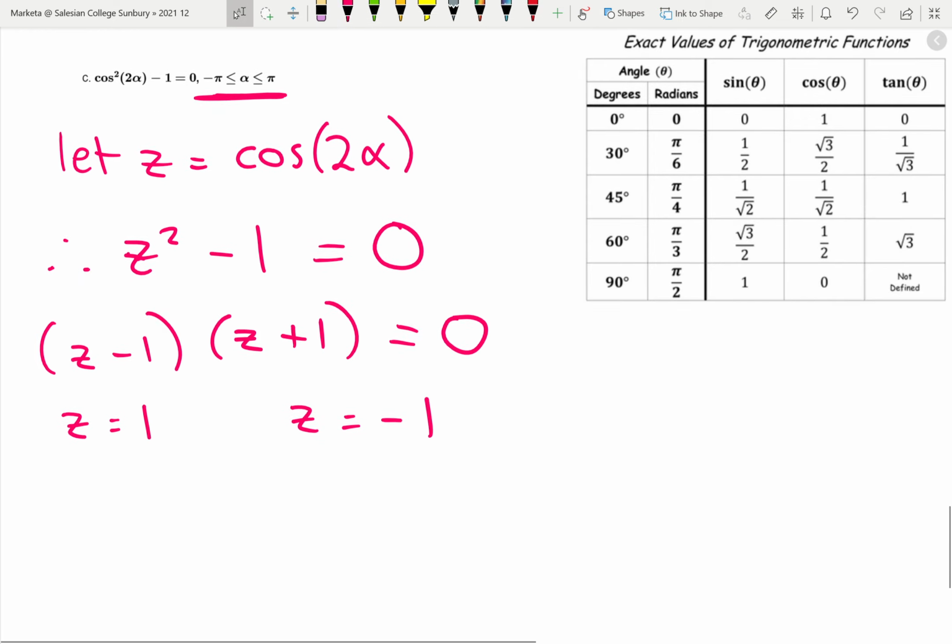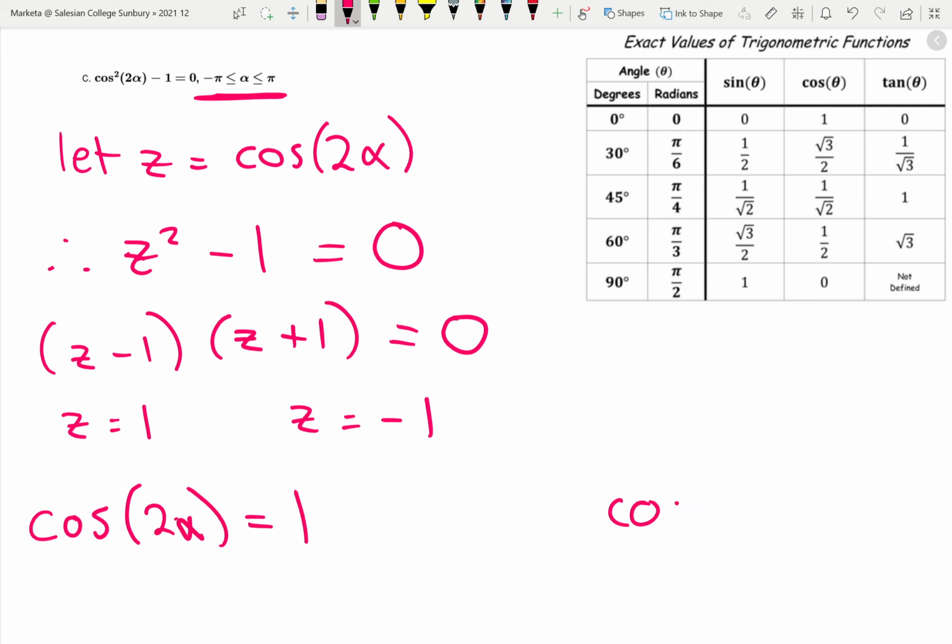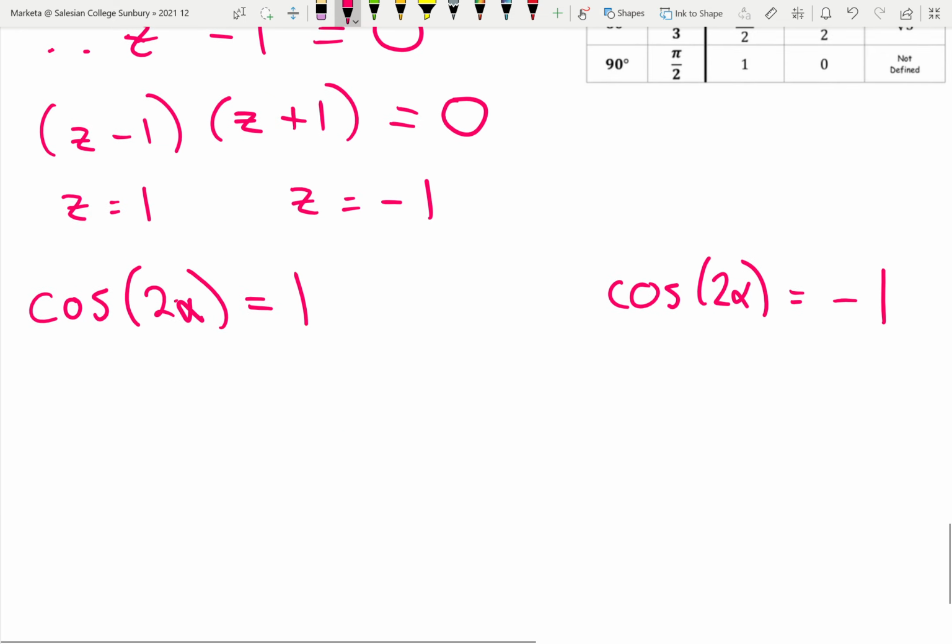So we've just solved those, and you must remember that z is nothing to do with it. We're looking at cos of 2 alpha. So therefore cos of 2 alpha equals 1, and cos of 2 alpha equals negative 1. So let's draw this.